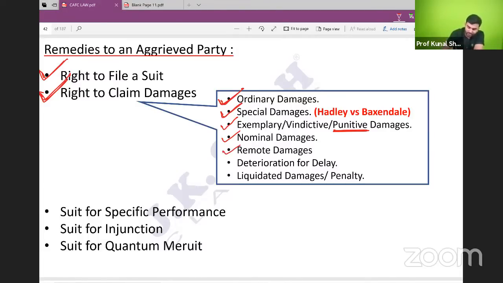Remote damages. Law says the aggrieved party cannot demand remote damages. You cannot demand damages which are remotely located. If I'm standing at a roadside and I'm met with an accident, then I can claim medical expenses from the driver of the car. But I cannot demand from him that I was waiting over here for my friend.